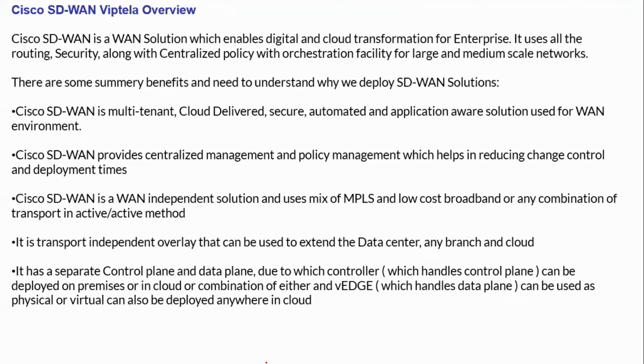But there were also some previous solutions available, like IWAN, like DMVPN, DMVPN over IWAN. Why was IWAN scrapped? It's not very much used now, and the Cisco SD WAN Viptela solution has taken over. Because in IWAN, most of the configuration is very complex and you have to do it manually.